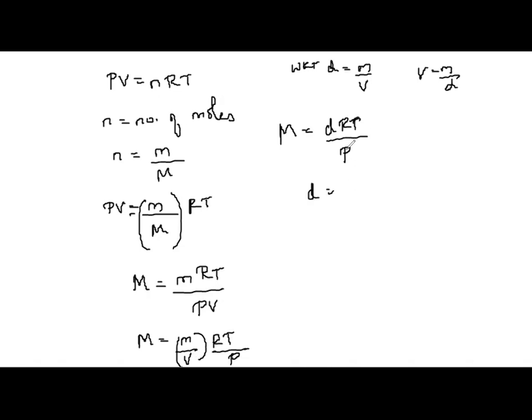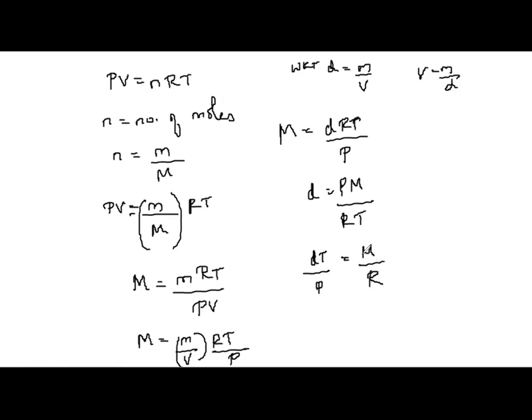It will be D = PM upon RT. Here D is density, P is pressure, M is molecular mass, R is the universal gas constant, and T is temperature. Or I can also write it as DT upon P is equal to M by R.